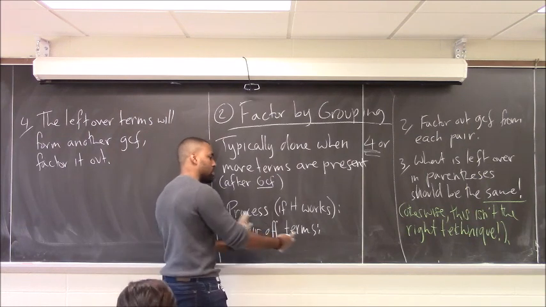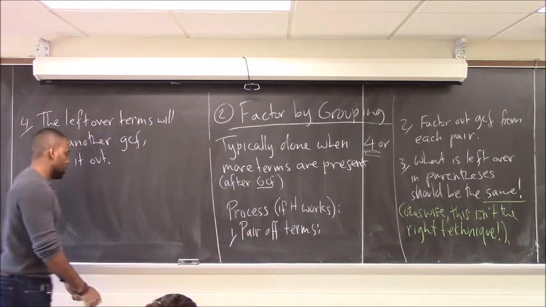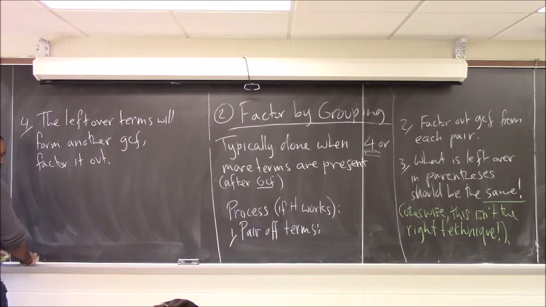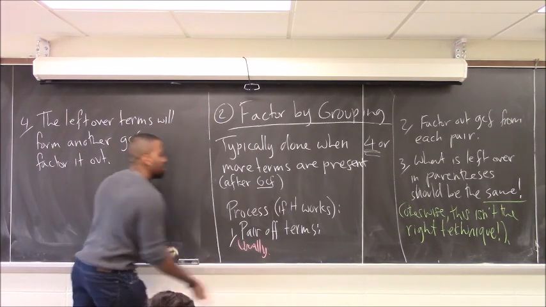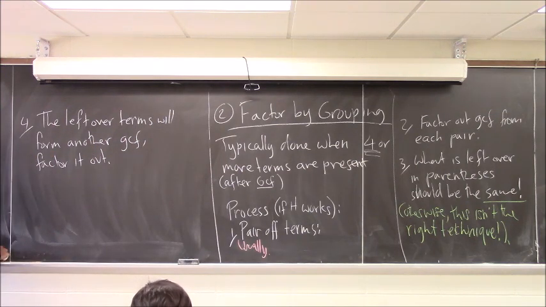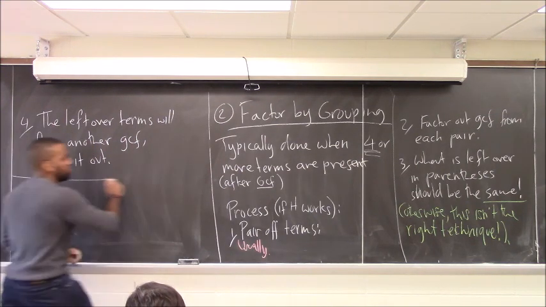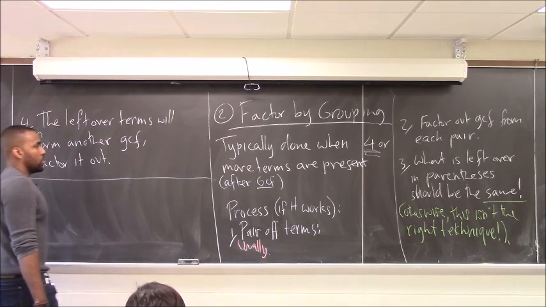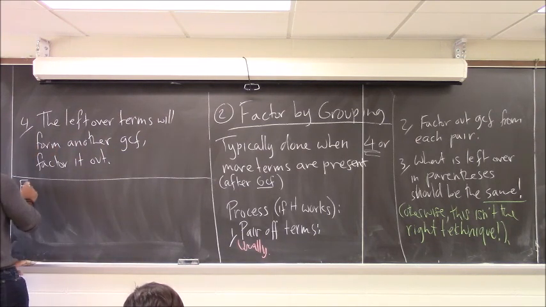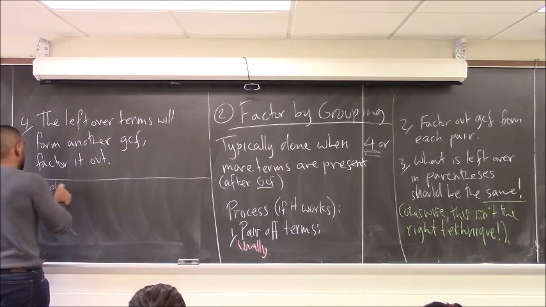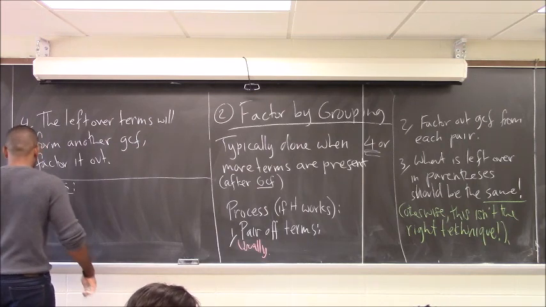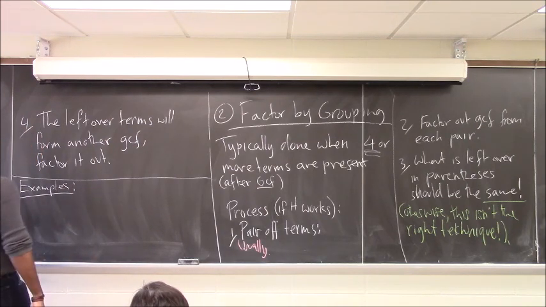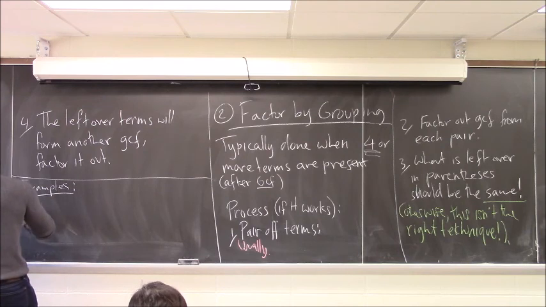Grouping because you kind of create mini groups, usually pairs. There are exceptions, but in pre-calc it's usually going to be pairs. Yeah, let's do some examples. We'll be practicing more factor by grouping in the next section as well, so I'll only do 2 examples here.